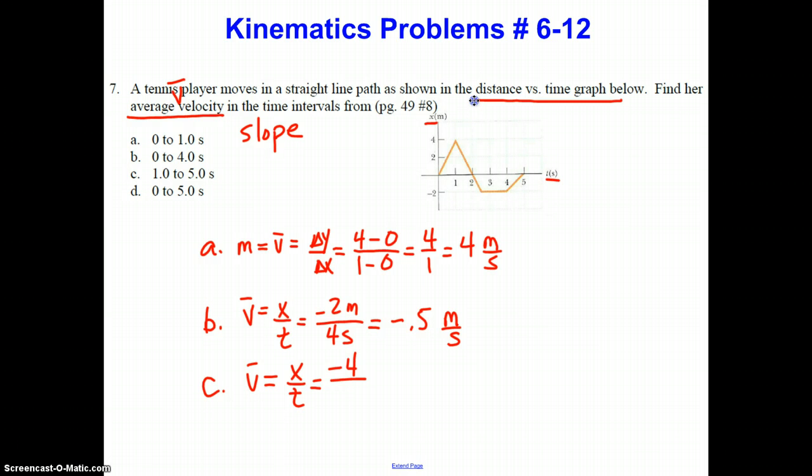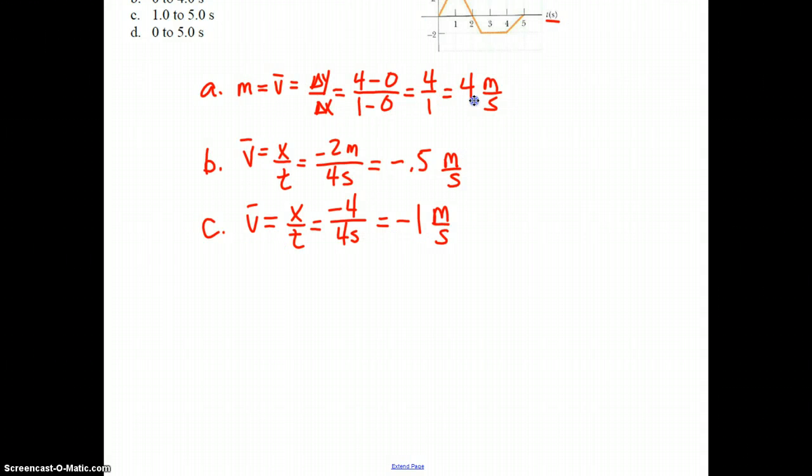And then our time to get there was also 4 seconds, from 1 to 5 seconds. And so -4 divided by 4 is -1 meters per second. And again, all that means is during that interval, the object ended up coming back, overall, toward the point of origin.